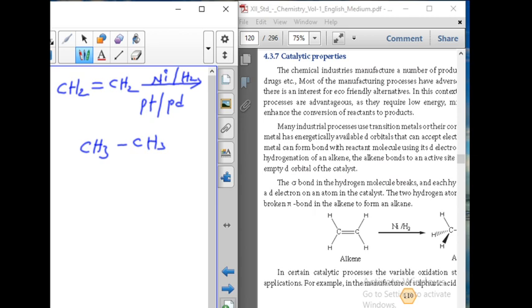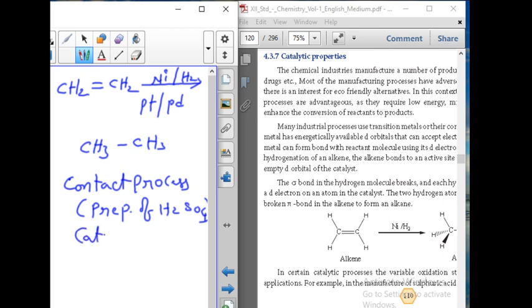In certain catalytic processes, for example manufacturing of sulfuric acid by the contact process, which is the process for the preparation of sulfuric acid, we use the catalyst vanadium pentoxide, V2O5.